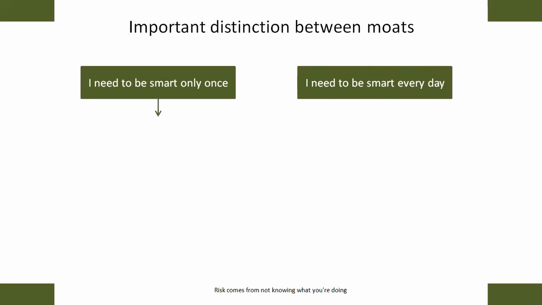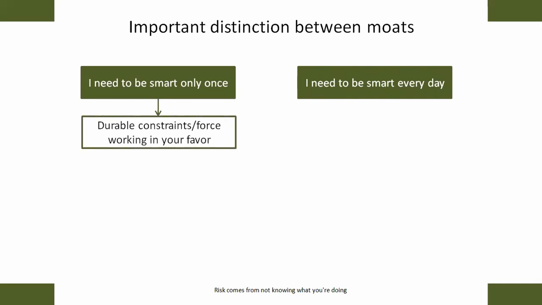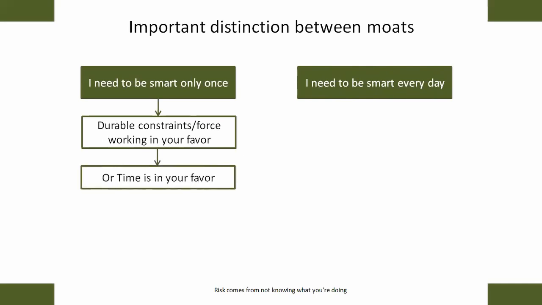So if you have a moat where you have to achieve that status of moat only once, and then it works in your favor. Why? Because some durable constraint or some force is working in your favor once you have achieved that status, or the time is in your favor, whatever is time you have spent.